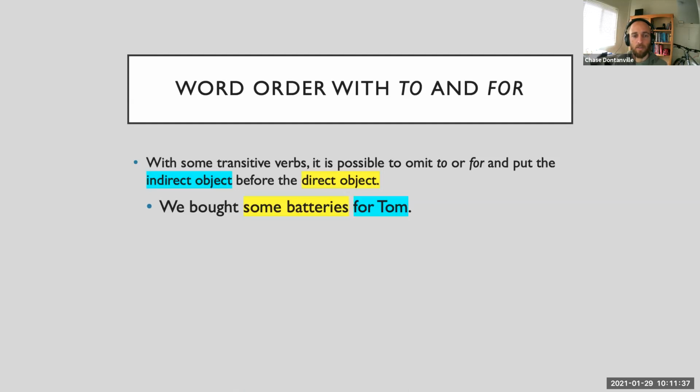In this example, the direct object comes before the indirect object, but we can change the order. We bought Tom some batteries. Okay, so notice that if you put the indirect object first, you have to delete for. So in the first example, some batteries for Tom. Second example, Tom, some batteries.